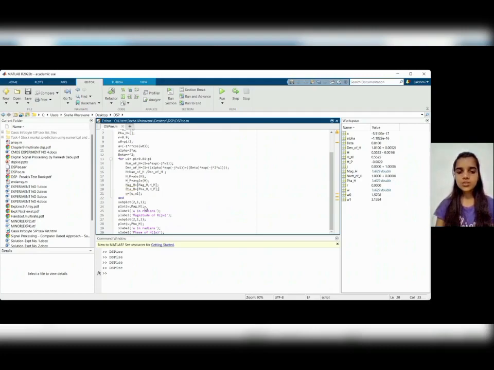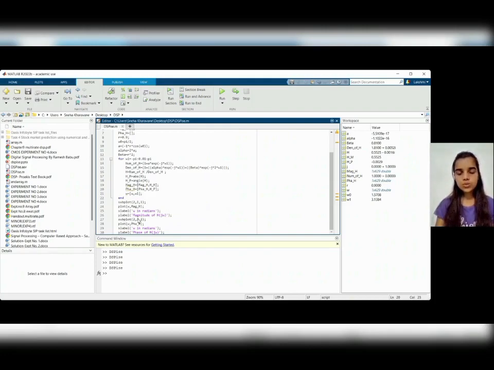Plot command is used to plot the 2D graph. Plot omega, magnitude of h. For this, x label is omega in radians. Y label is magnitude of transfer function h j omega.